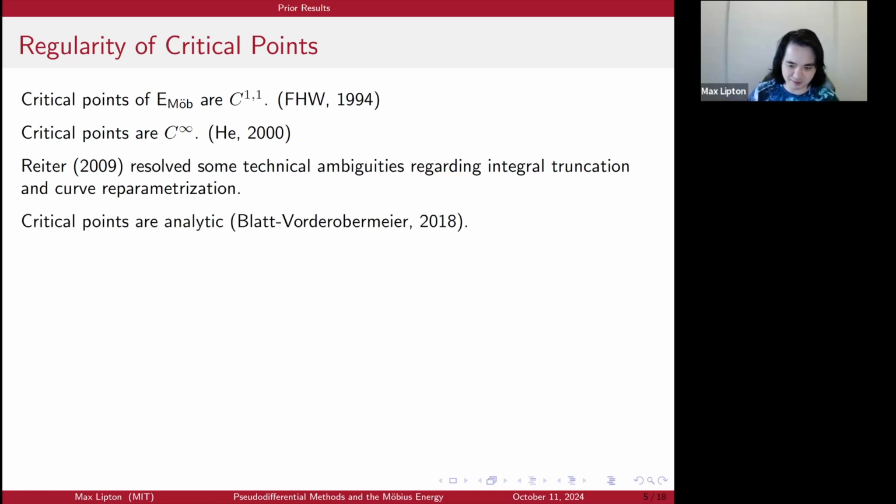And then in 2018, which is a few years ago, or maybe slightly longer than a few years ago, Blatt and Vorderobermeyer showed that not only are the critical points smooth, but they are analytic.